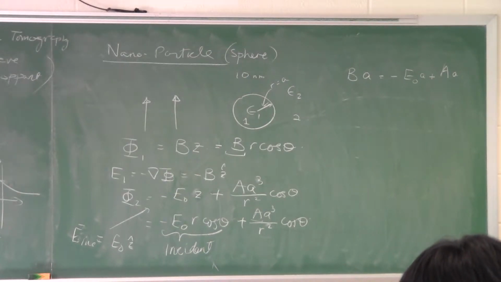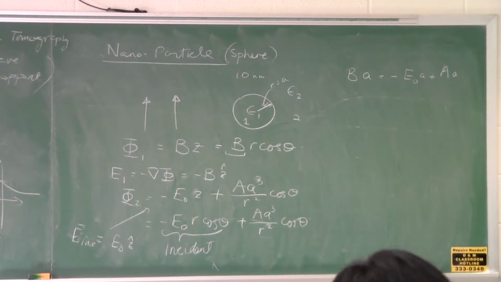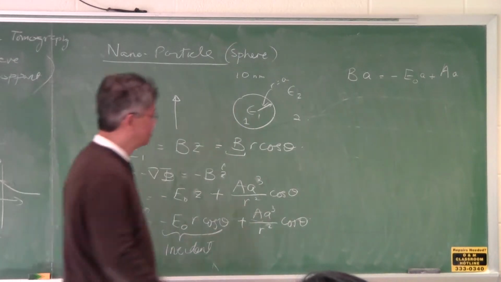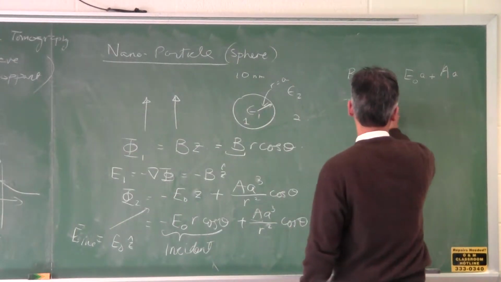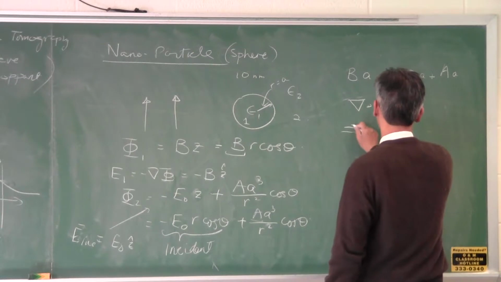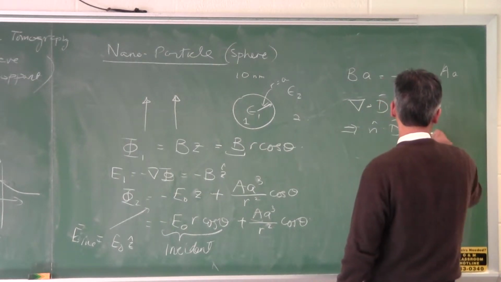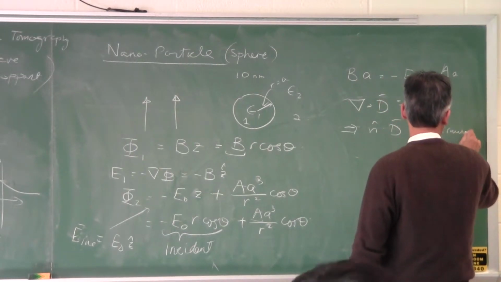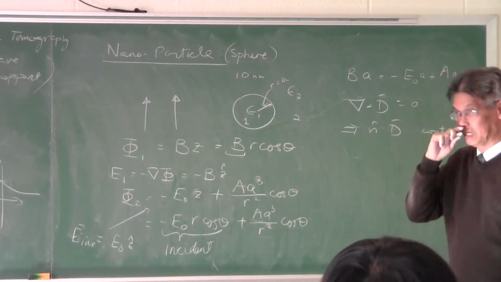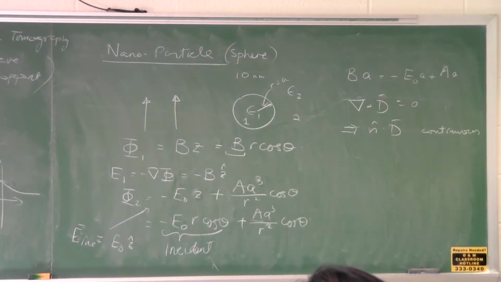Mike should know, right? Is it normal D? Normal flux should be continuous. Yeah, normal D should be continuous, and that follows from the fact that divergence of D has to be 0. This equation implies n dot D is continuous. I taught you how to eyeball boundary conditions from the equation.